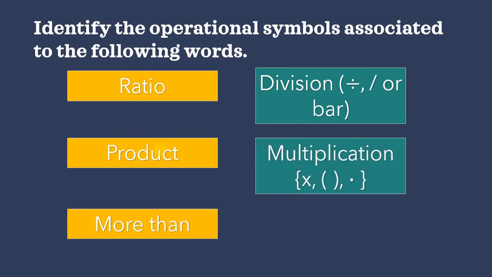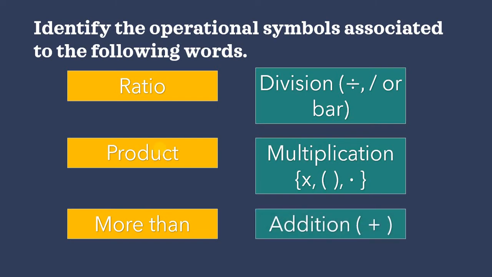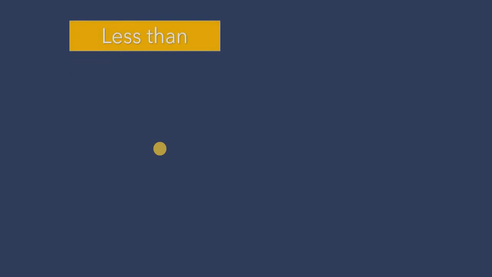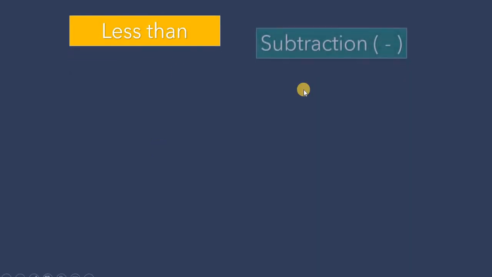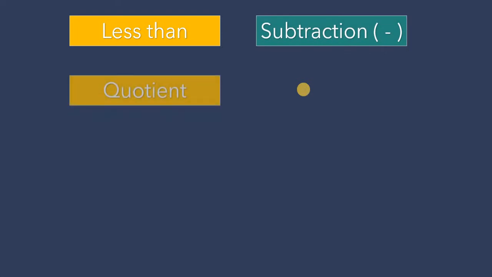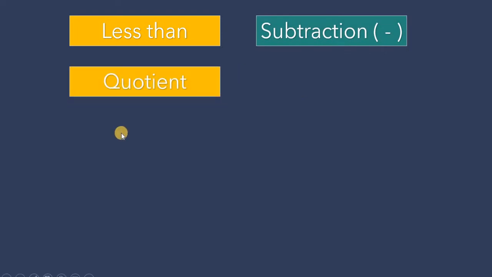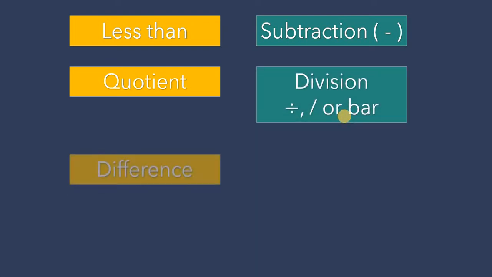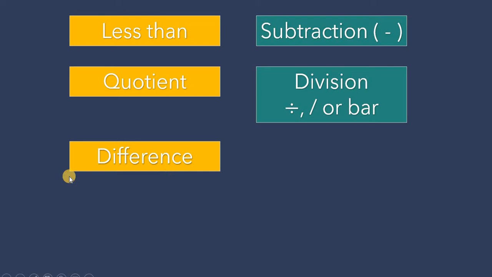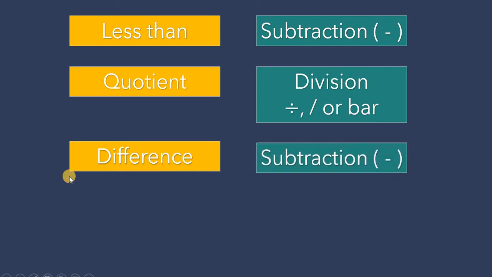For more than, that is addition. How about less than? That is subtraction. For the quotient, of course, that is for division. For the difference, that is also for subtraction.